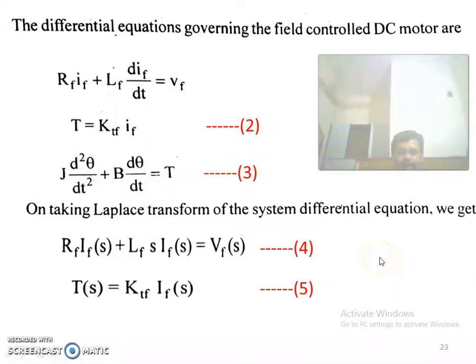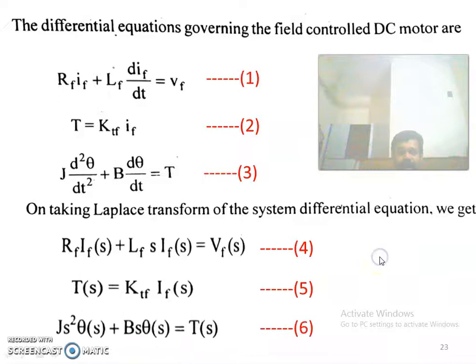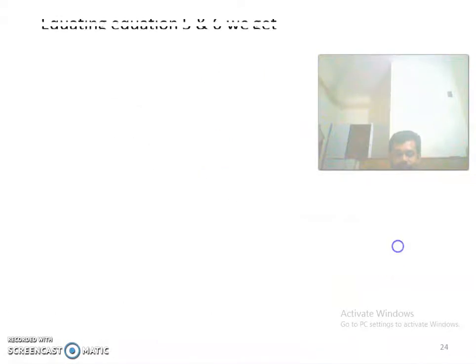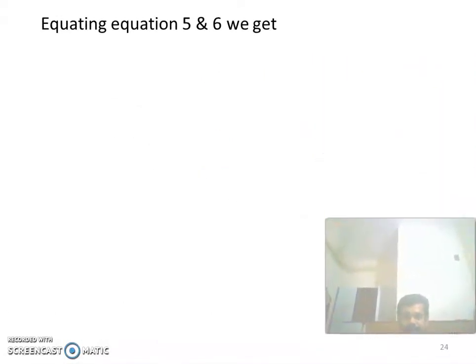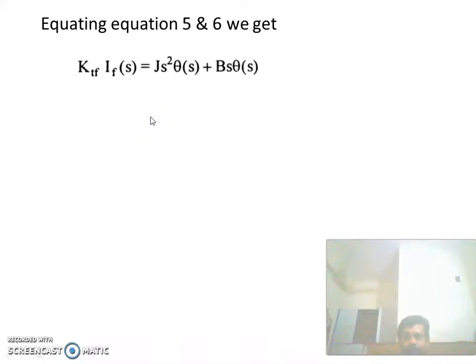So, J into s square into theta of s plus b s into theta of s is equal to T of s. Equating 5 and 6, we will be getting Ktf into If of s is equal to J into s square into theta of s plus b s into theta of s.